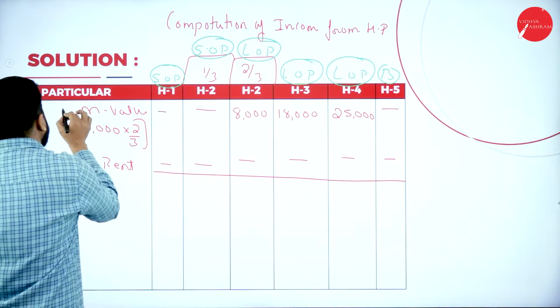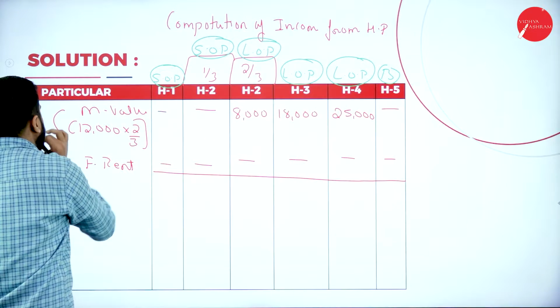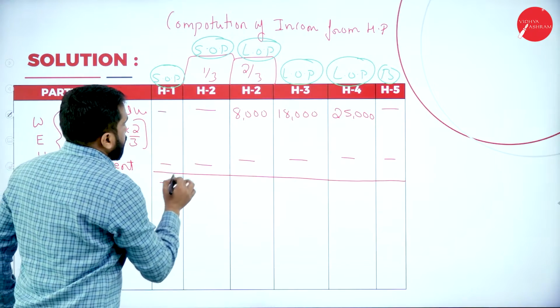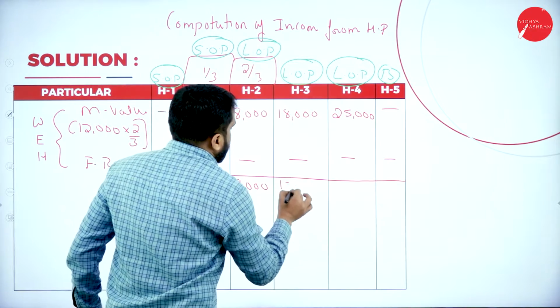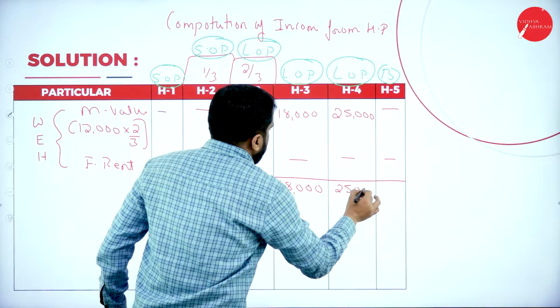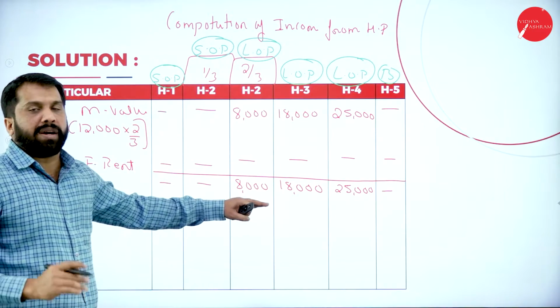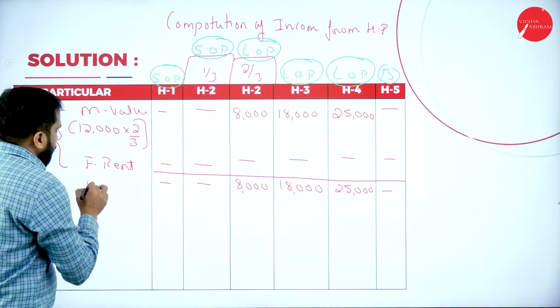We have to consider whichever is higher. Which is higher in this? So we have 8,000. We have 18,000. We have 25,000, and this one is nil. Wherever I have self-occupied, I am not calculating.